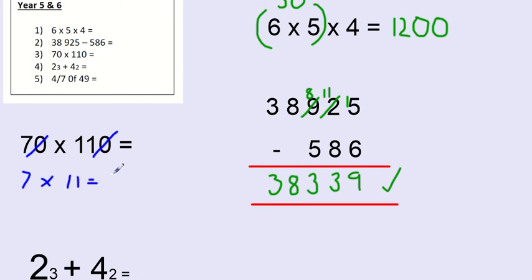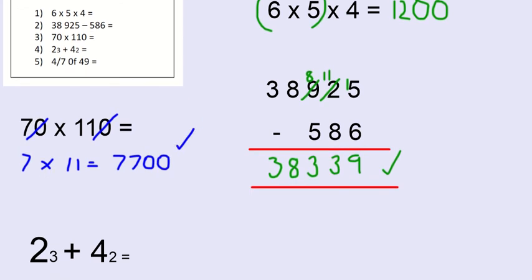I know my 11 times table, that's 77. Now this 0 that I ignored over here, I've got to put back on to make my number 10 times bigger. And I've got to add this 0 on that I ignored, now to make it 100 times bigger. So 7,700. Give that one a neat little tick if you've got that one.